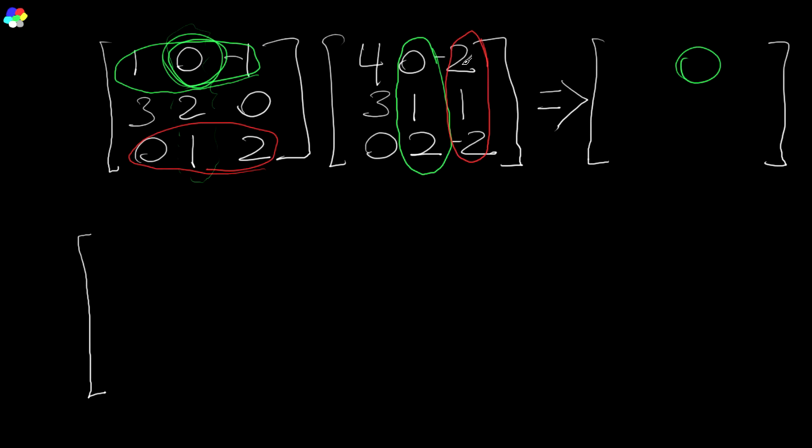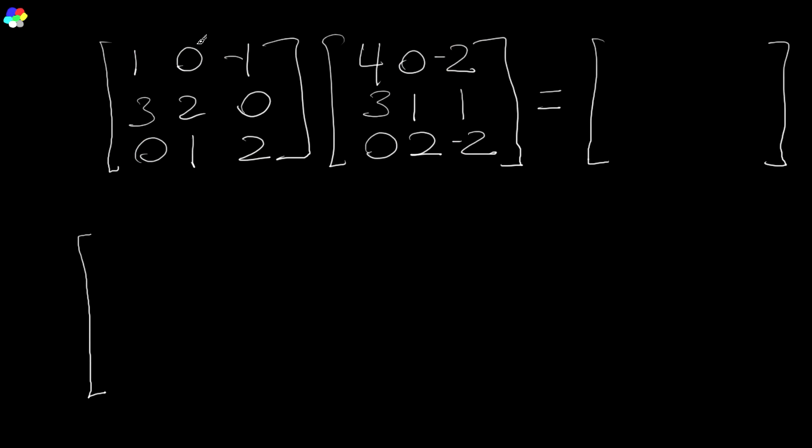What about these two? Where do you think the result is going to go from the multiplication and sum of this one by this one? It's going to go right here, right? Because that's where they overlap. So let's do this quickly. At least let's do one row here. So this one times this one. What is it going to get us? Well, it's going to go here, and it is going to give us 4, 0 times 3, 1 times 0.